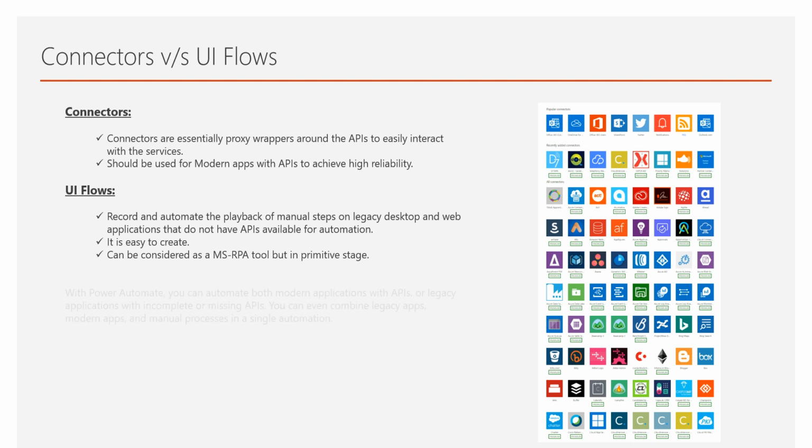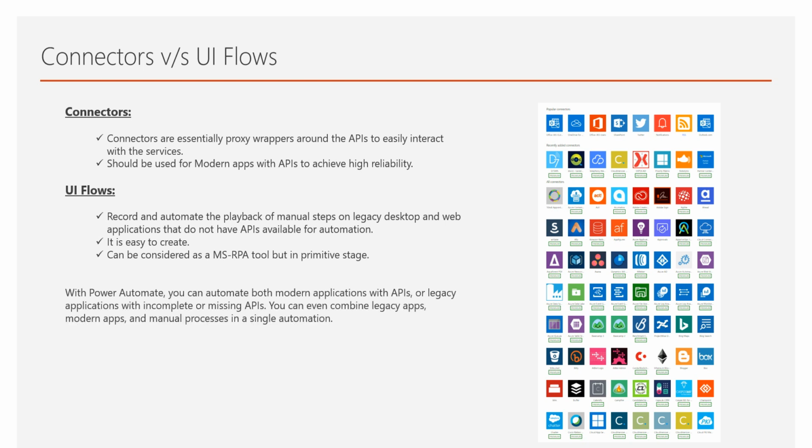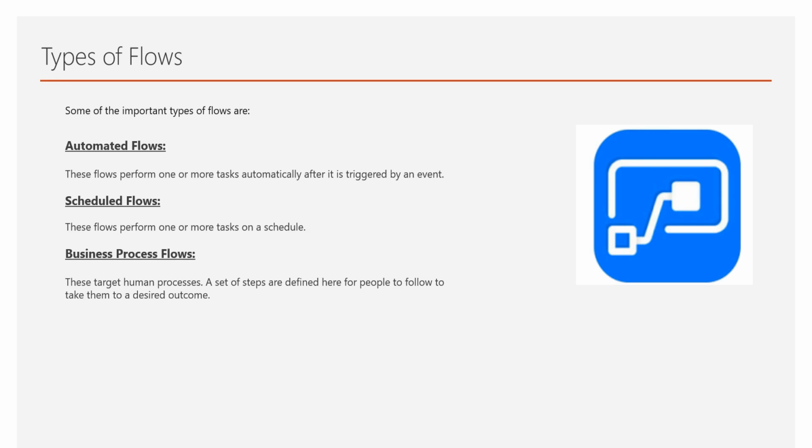Another thing that I want to talk about is types of flows. There are many types of flows available, but I am going to talk about three important types here. The first one is automated flow. These flows perform one or more tasks automatically after it is triggered by an event.